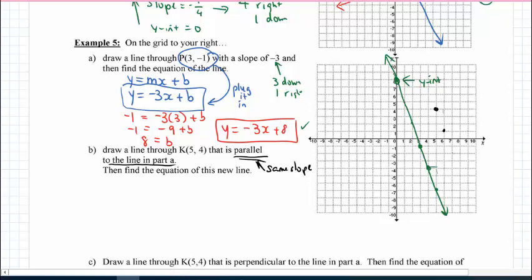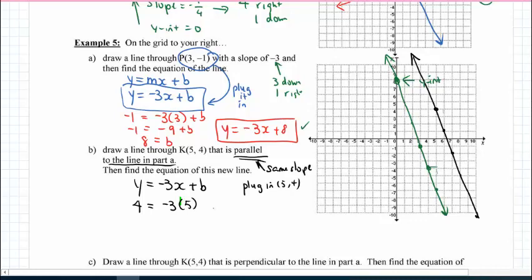Boom. Boom. Boom. This time, the y-intercept's off the chart, so you can't even use that graph to help you find it. So, once again, y equals mx plus b. M is negative 3. How do we solve for b? That's right. Plug in the point on the line. 4 equals negative 3 times 5 plus b. 3 times 5, that's 15, so this is negative 15.